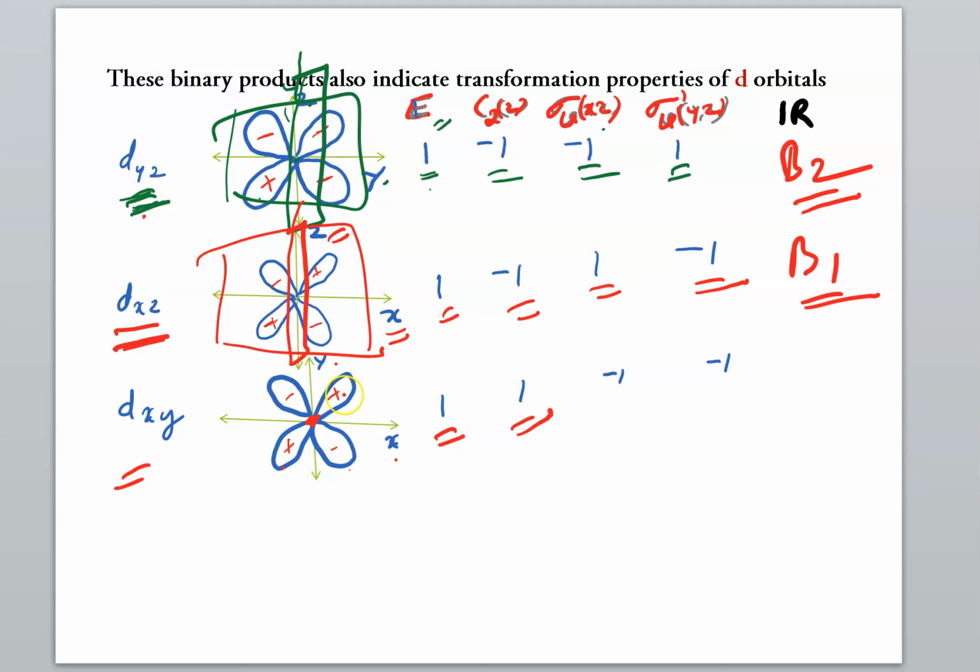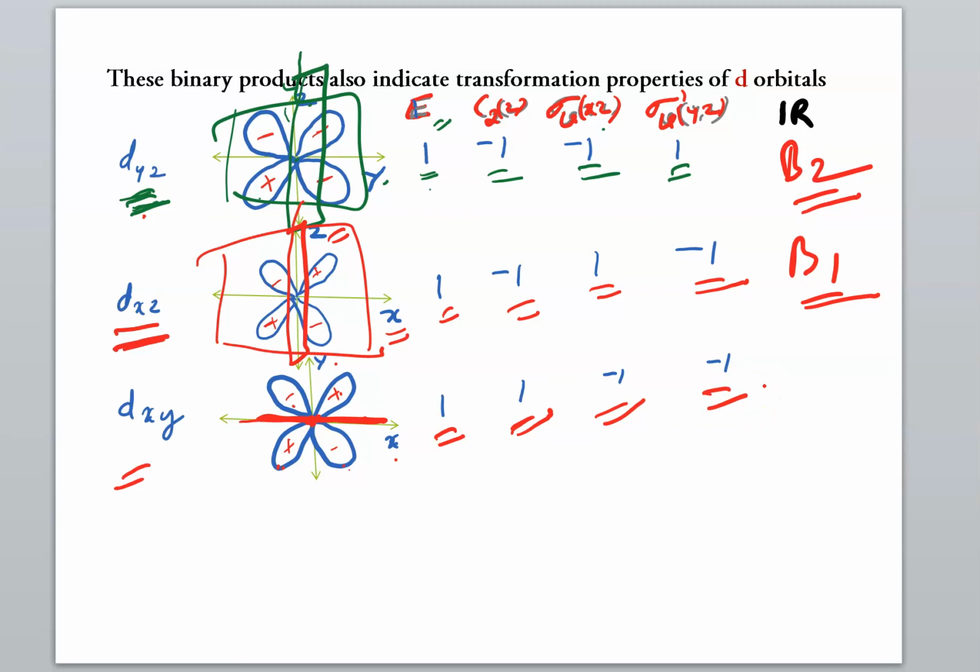On 180 degree rotation, this plus comes here and this minus comes here. No change. Therefore, 1. Sigma v xz is a plane perpendicular to this plane. Therefore, plus and minus interchange, therefore minus 1. Similarly, sigma v yz, plus and minus interchange, therefore minus 1.